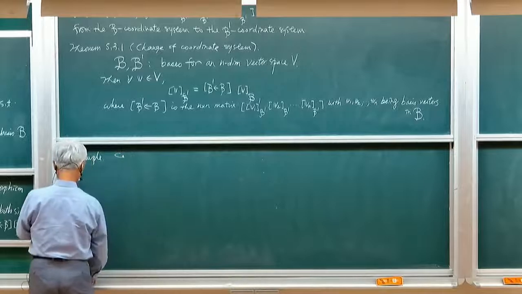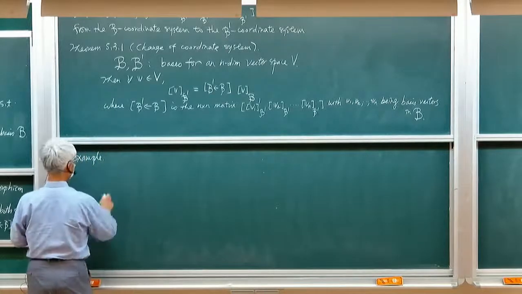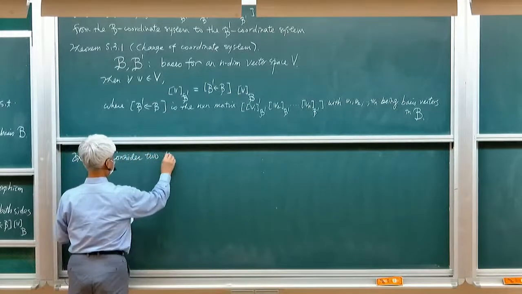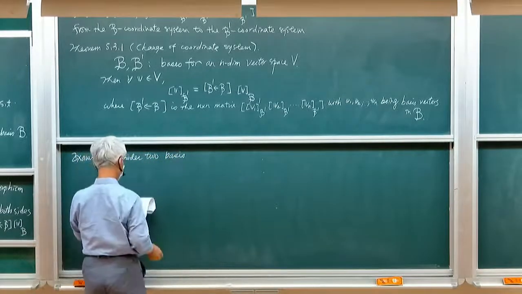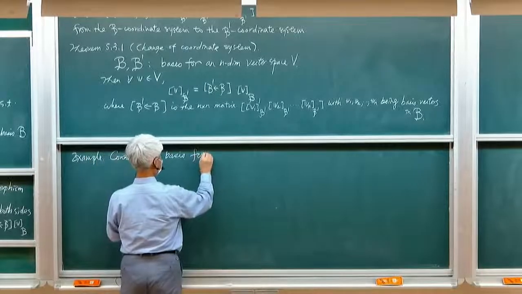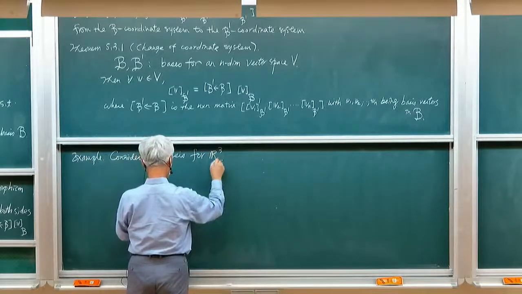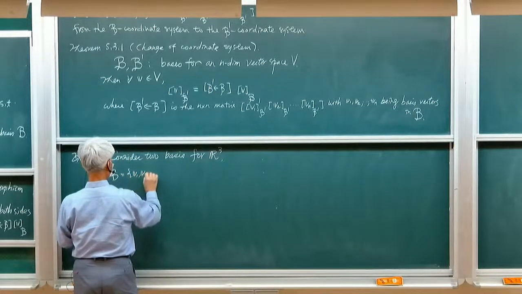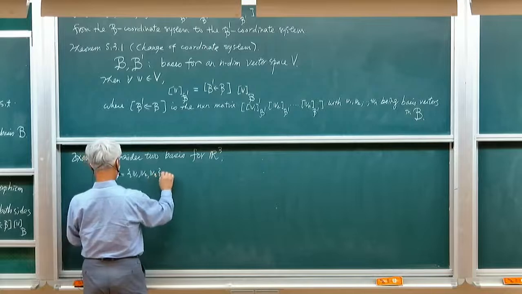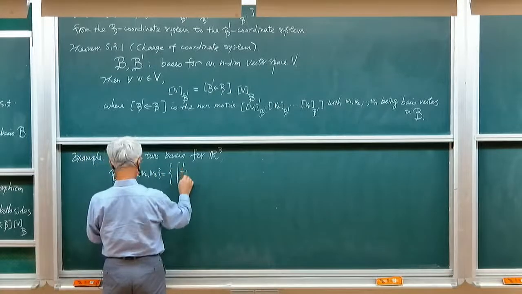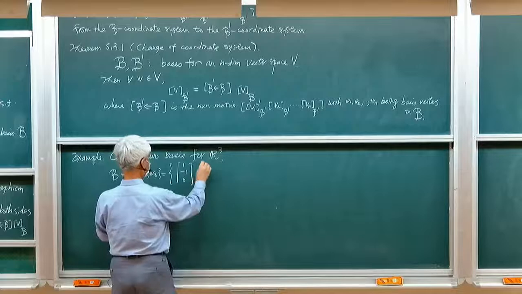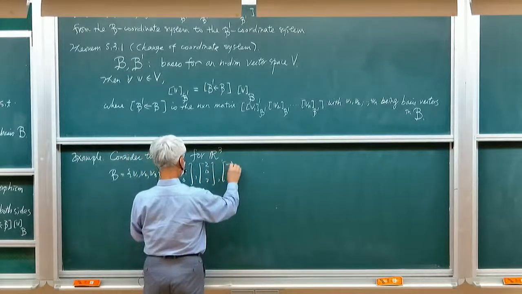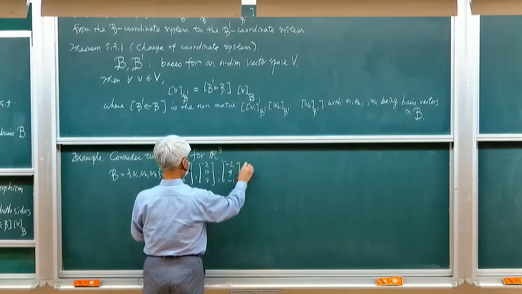Consider two bases for R3. The first has vectors (1, -1, 0), (2, 0, 2), and (-2, 3, -1).